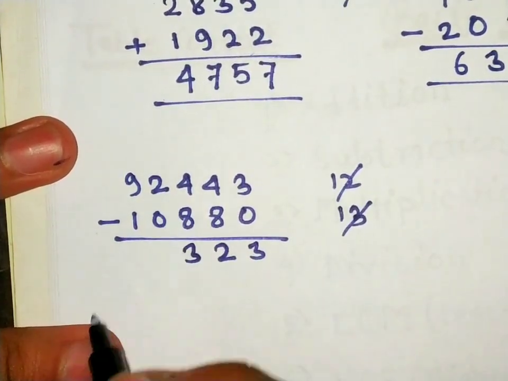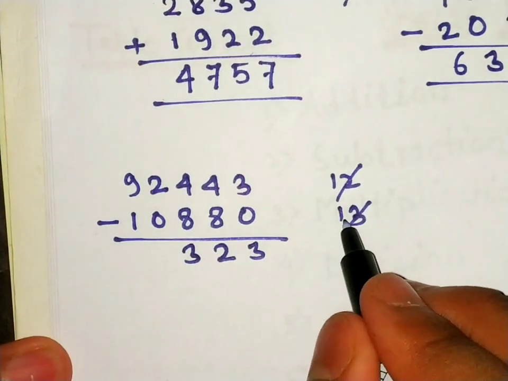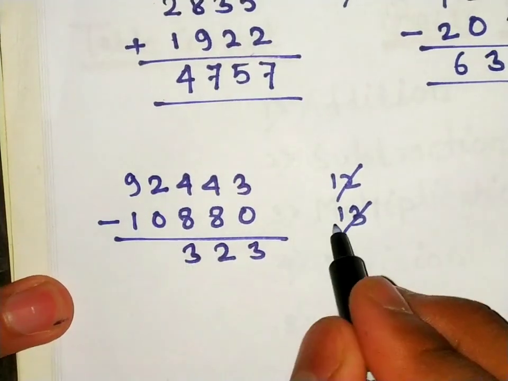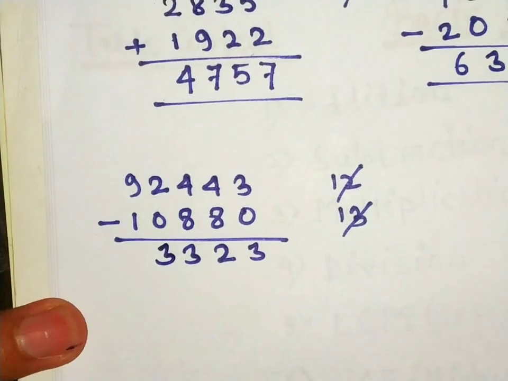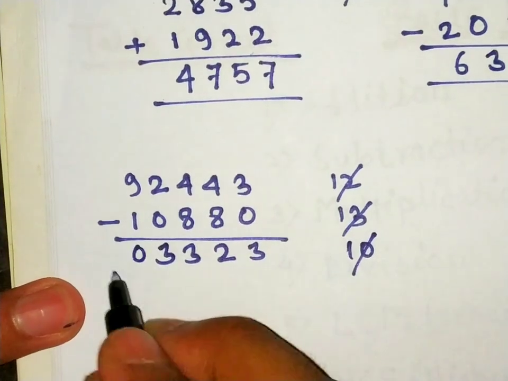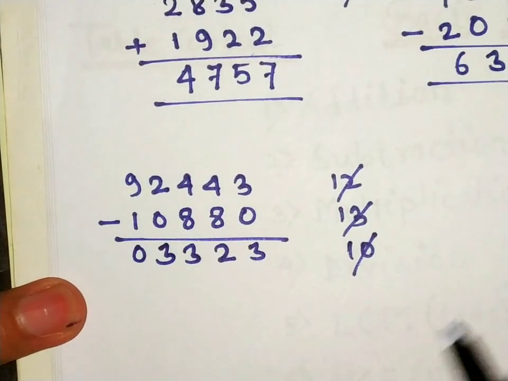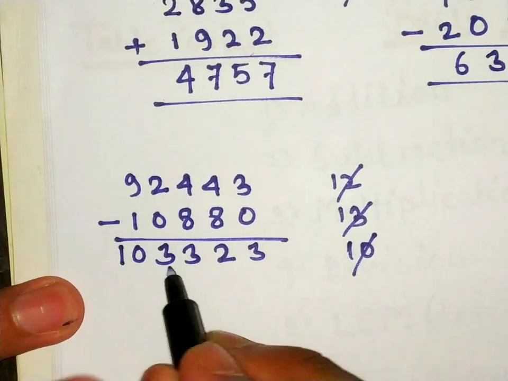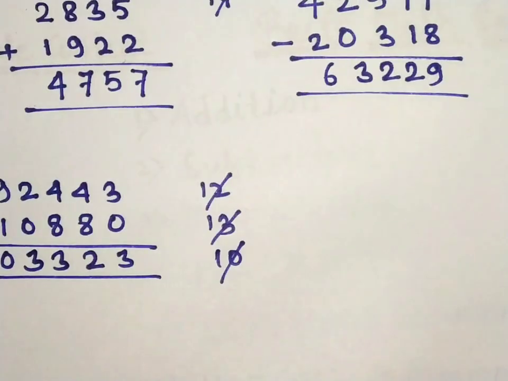Here 2 plus 0 is 2, and with 1 carry there is 3, no carry left. 9 plus 1 is 10. 10, right, here 0 and left 1. Is there anything we have to add? No. So just put the carry here. Okay, simple.